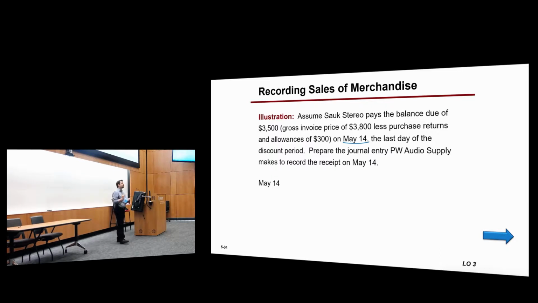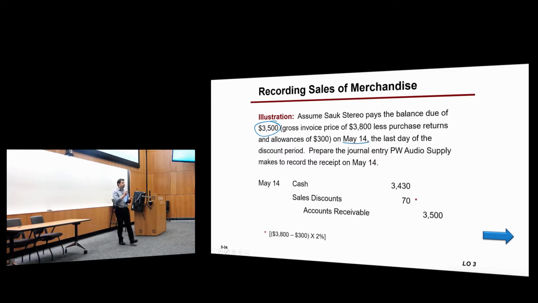Here we're talking about the seller, so think about it from the seller's perspective. They received $3,500 in cash, so their cash increased. They debit cash, $3,500.